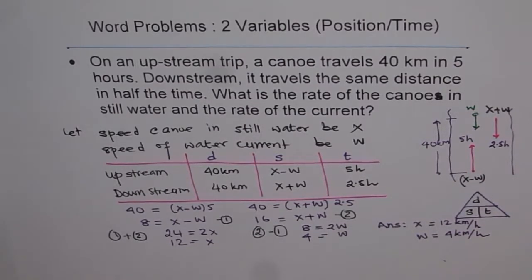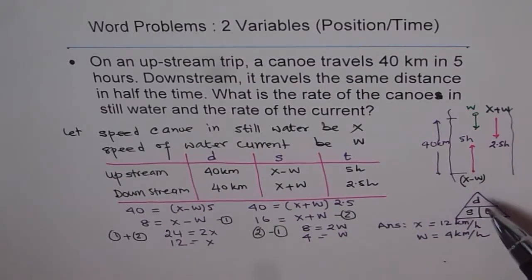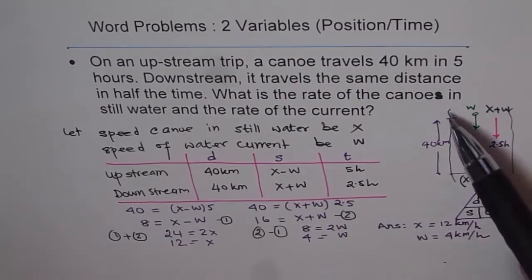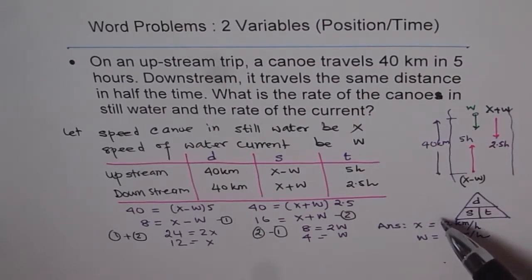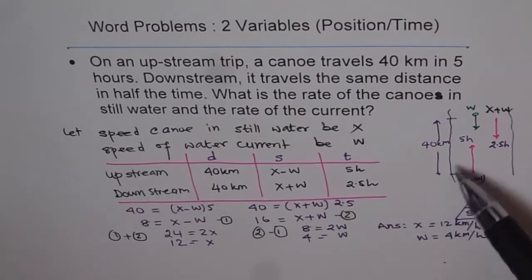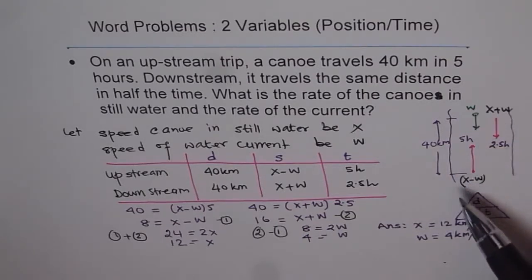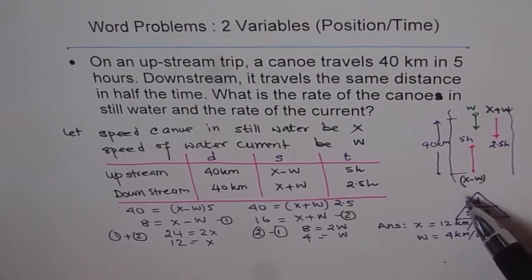I hope you understand how we solve this question. Now first we try to make a figure so that we could understand the scenario. So that's a river and this is the distance of 40 kilometers. Let the speed of water or the water current be w, and let the rate at which canoe is traveling in still water be x.